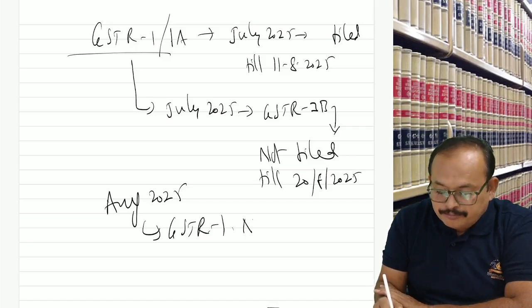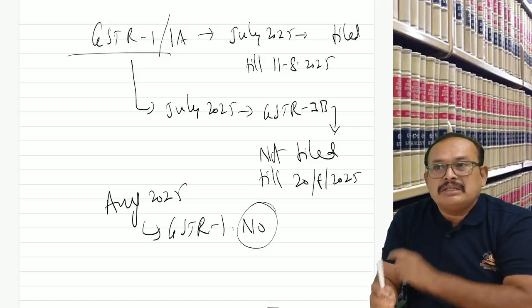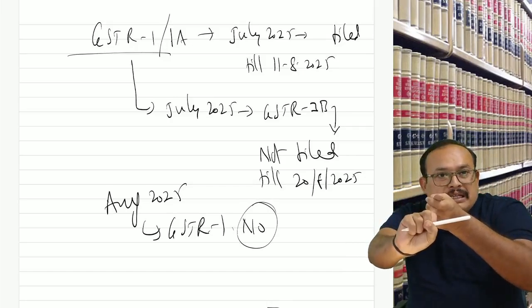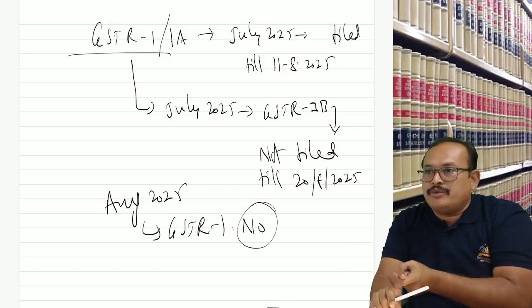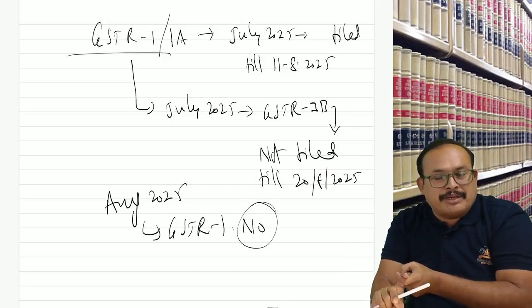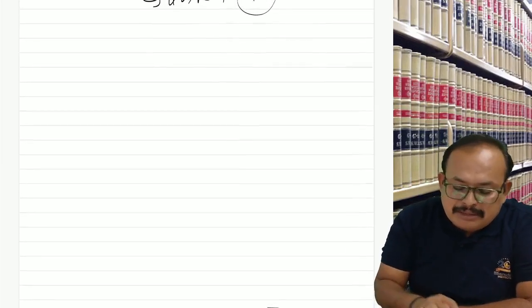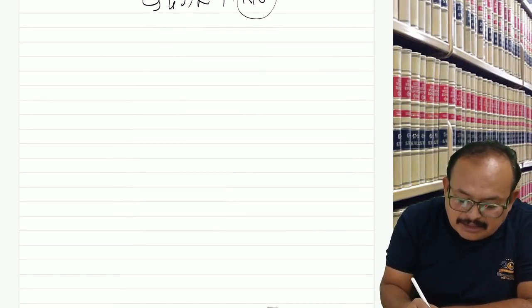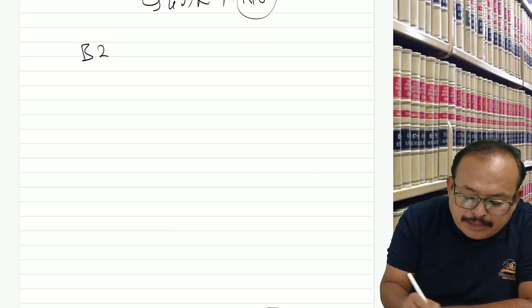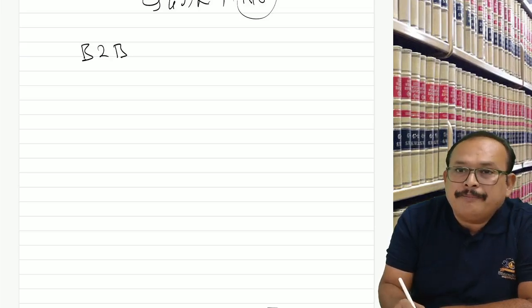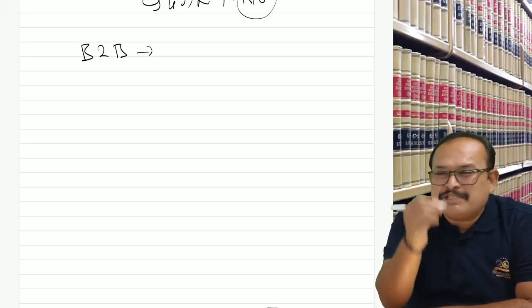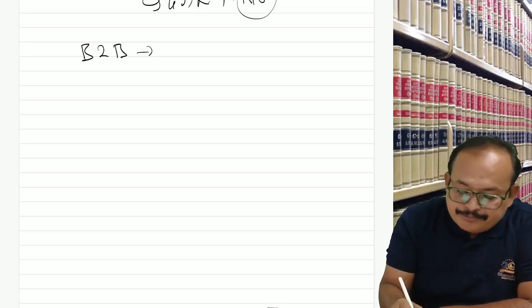No. Answer is no. This is under sequential filing. The return has been brought into force. One more amendment is already there, but the value has been changed. Transaction is B to B, irrespective of the value of invoice.